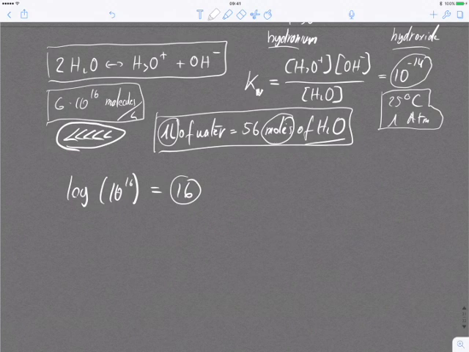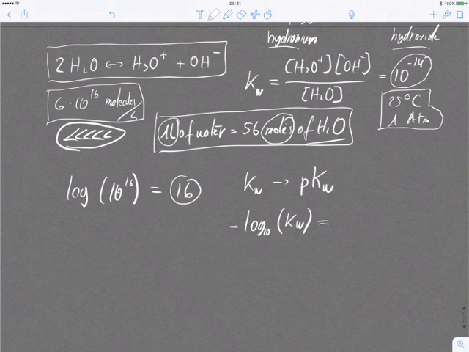So it's easier to work with a round number like 16 than 10 to the power of 16. What we use generally when you're dealing with a K value is the pK value. And the pK is just, by definition, minus log 10 of the value.